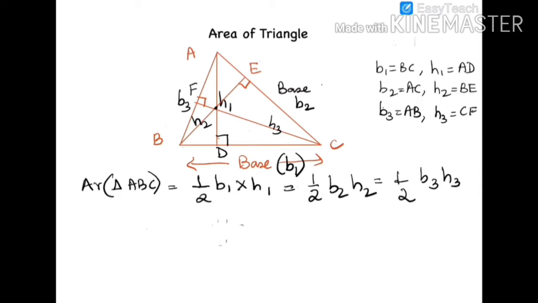Also, we can use the same formula to find the height of the triangle. Height is equal to 2 times area divided by the corresponding base. So if I want to find H1, then I will have to divide 2 times area by B1. If I want to find H2, then I will have to divide 2 times area by B2 and so on.